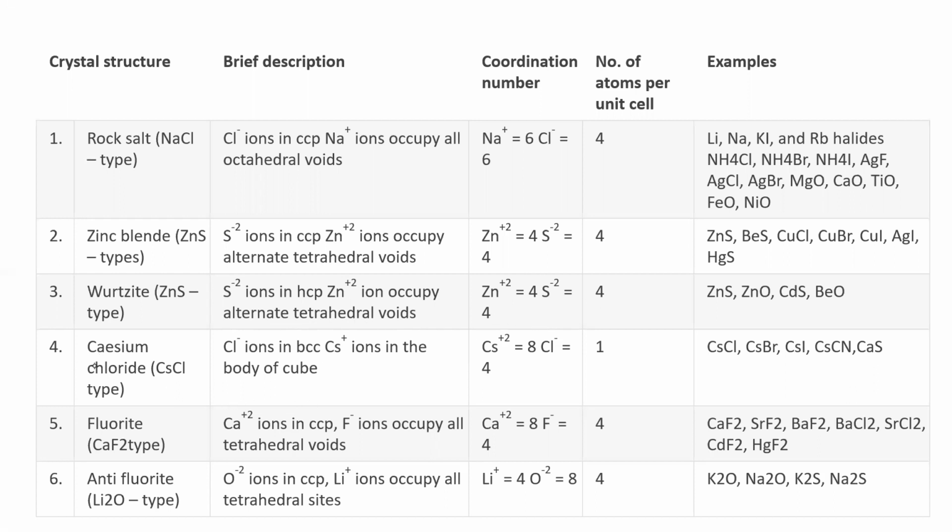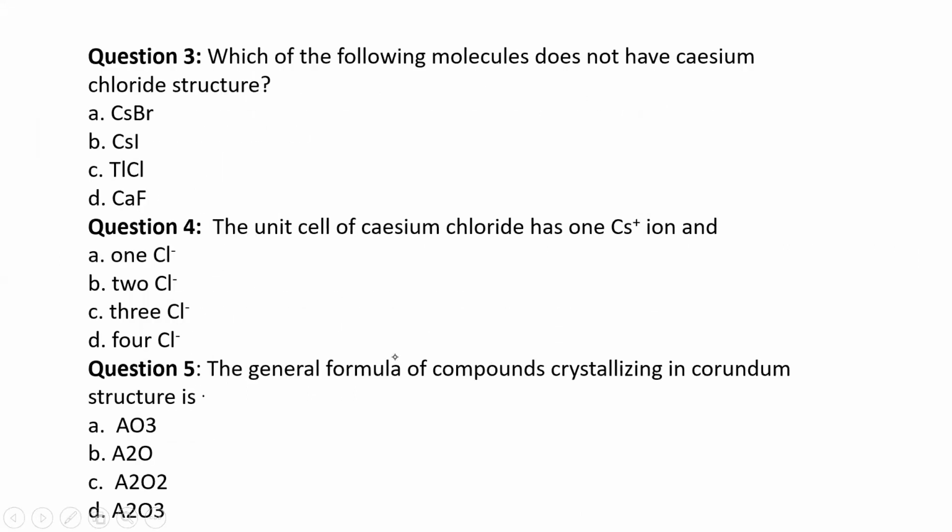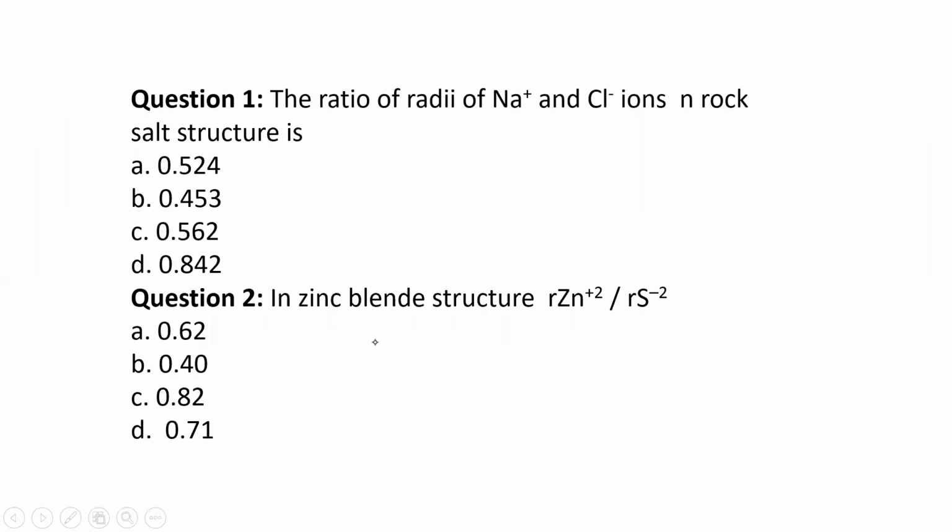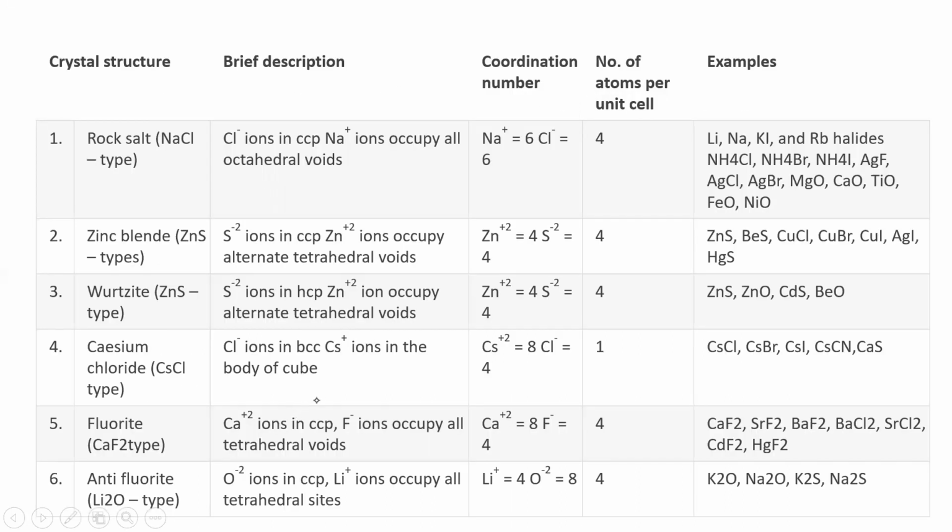Next we have cesium chloride type structures, in which chloride ions occupy the corners of BCC, and cesium ions are in the body center of the cube. The coordination number is 8:8. Examples are CsCl, CsBr, CsI, CsCN.